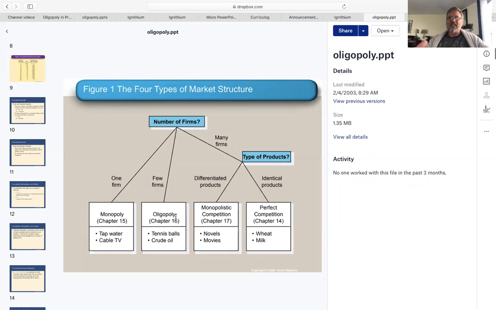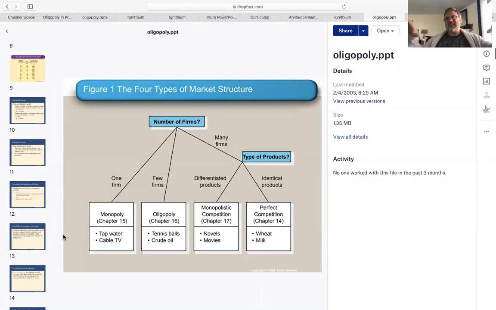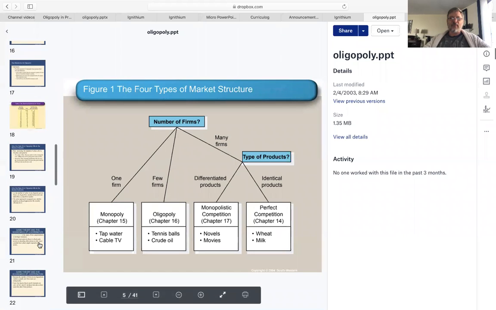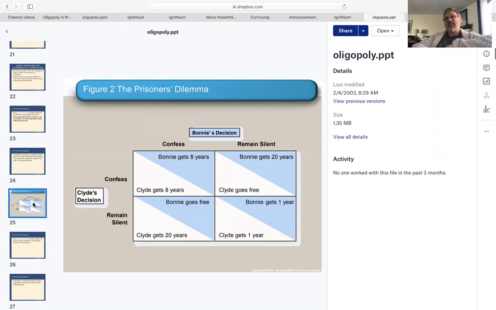For mid-size vehicles like the Honda Accord, there's Toyota Camry, Honda Accord, maybe a few others, Kia Optima maybe. But that doesn't mean there's not also product differentiation in other classes of vehicles. Coming up with good examples of oligopoly can be a little challenging, but nevertheless, we're going to focus on duopoly.